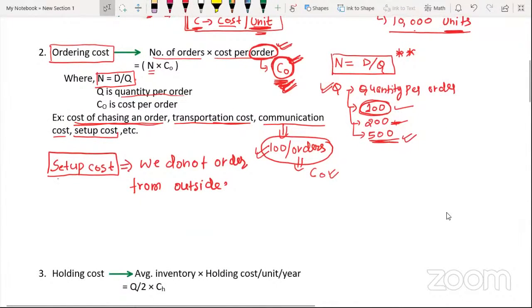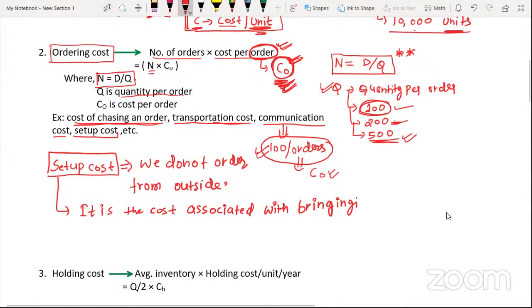So setup cost basically means the cost associated with bringing a shutdown plant into running condition.